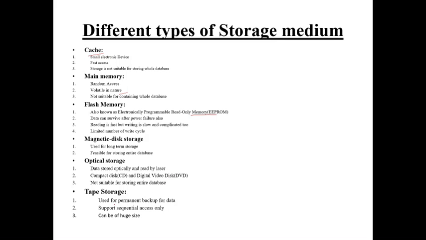And the last one, which is very obsolete today, is called tape storage. In this storage, a long magnetic strip is used to store the data. The access is very sequential. We cannot read randomly at different locations. We have to follow the sequence, and it is primarily used to back up data.